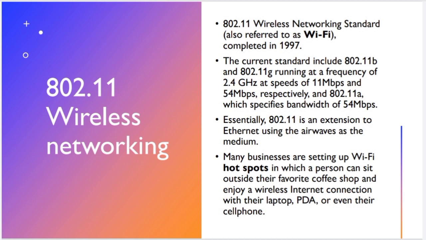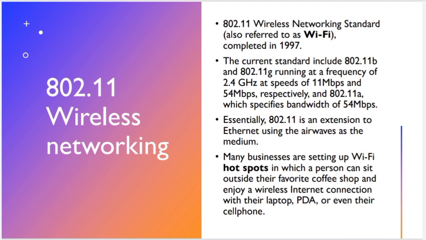The 802.11 wireless networking standard, also referred to as Wi-Fi, was completed in 1997. The current standards include 802.11b and 802.11g, running at a frequency of 2.4 GHz at speeds of 11 Mbps and 54 Mbps respectively, and 802.11a, which specifies bandwidth of 54 Mbps.